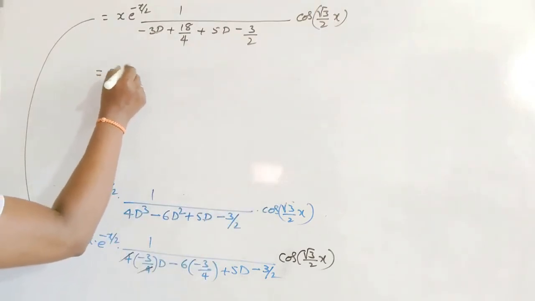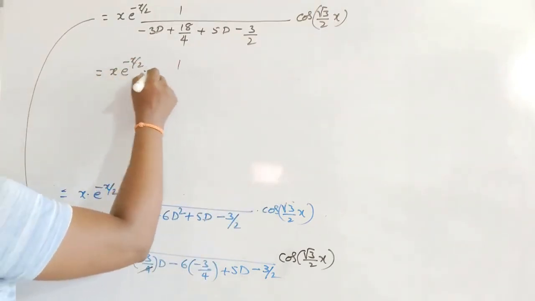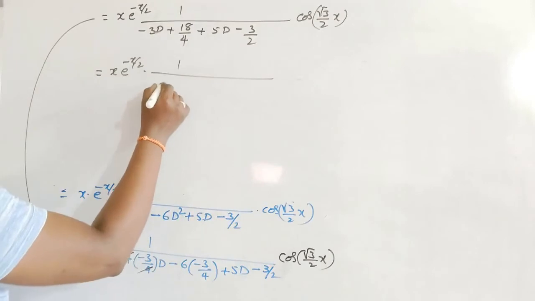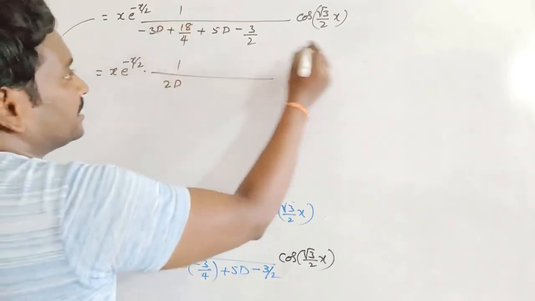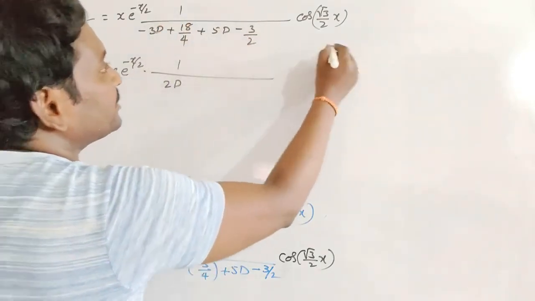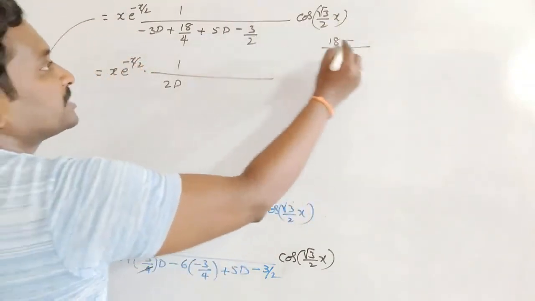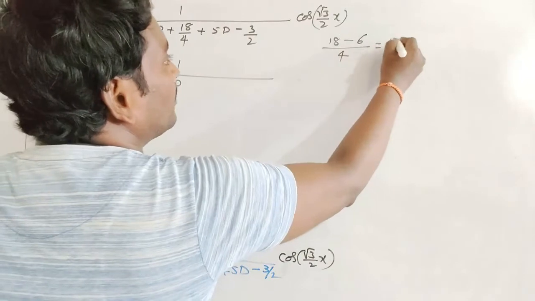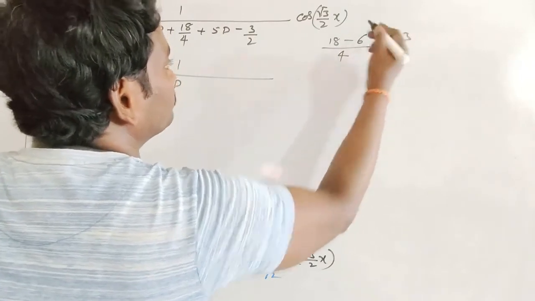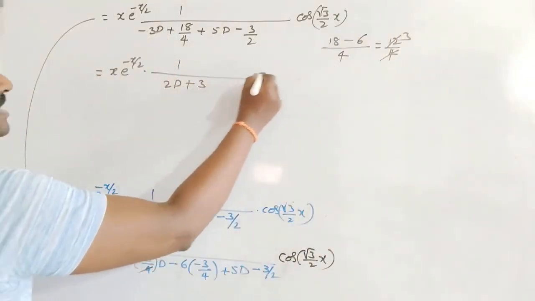So x into e power minus x by 2 into 1 by, what is 5D minus 3D? 2D, and 18 by 4 minus 3 by 2. 4 is the LCM. 18 minus 2 times 3 is 6, so it would be 12 by 4. It would be 3. Okay, 2D plus 3 is the remaining term.